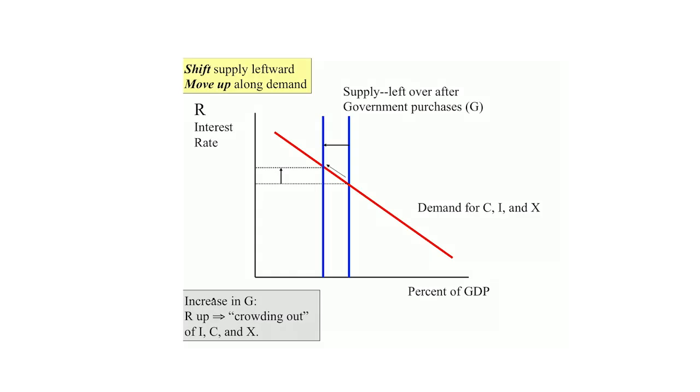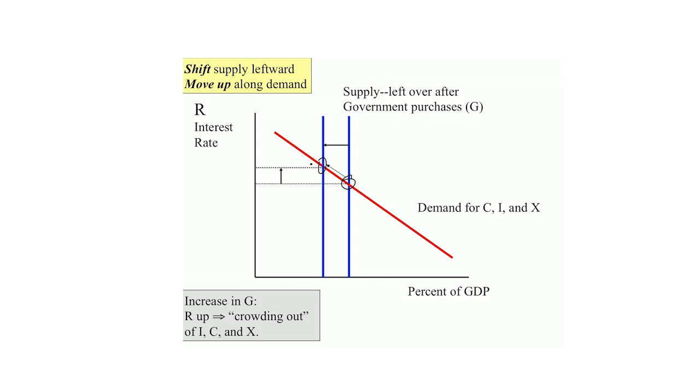So now we take that same diagram and shift the supply curve over to the left in this case, because more government purchases means there's less left over for the private sector, as illustrated here. And you can see now the original interest rate, which is at the intersection of the demand and supply curves, has moved up to this new intersection.